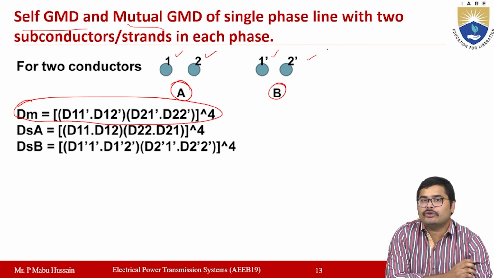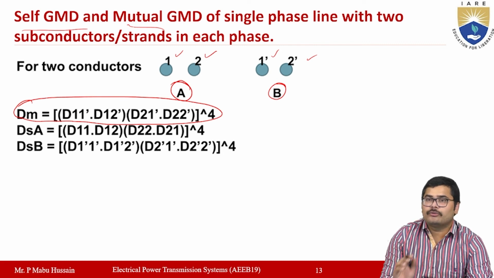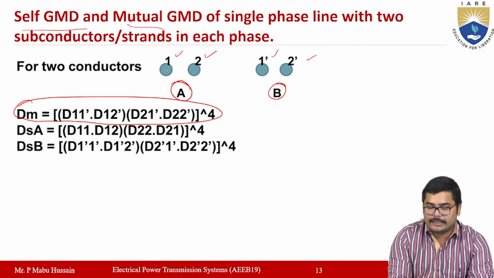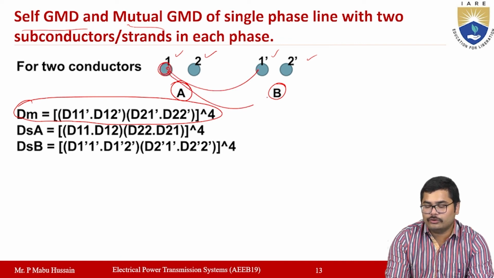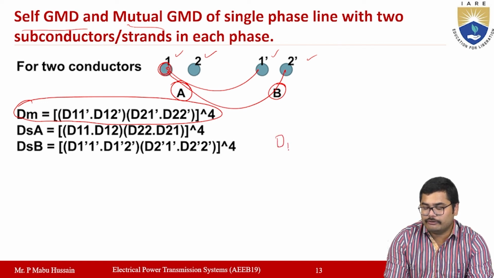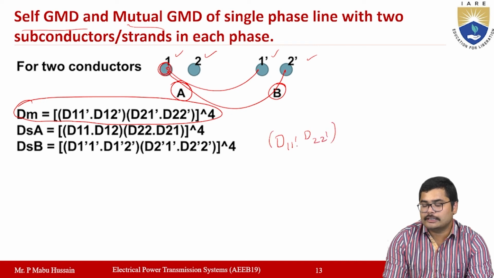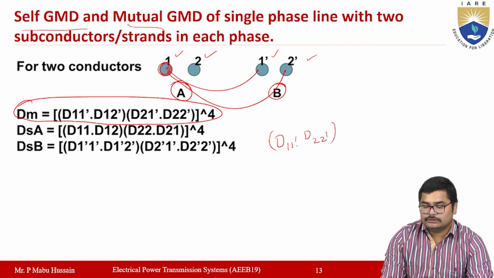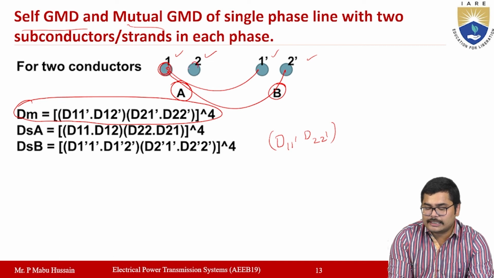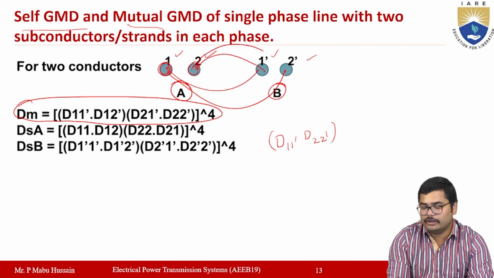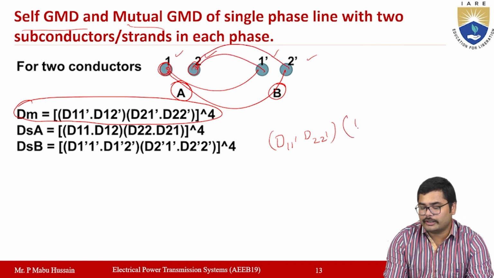You have to take the product of all mutual distances. For conductor 1, the mutual distances are 1 to 1 dash and 1 to 2 dash, so d11' and d12'; this is one set. Similarly, for the second subconductor of conductor A, the mutual distances to conductor B are d21' and d22', so you write another set.